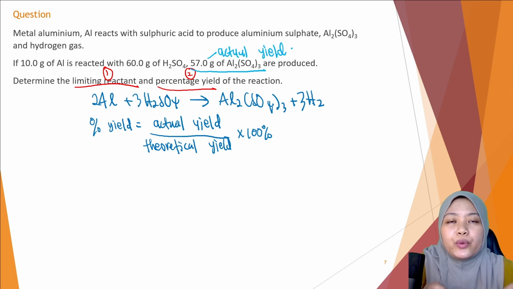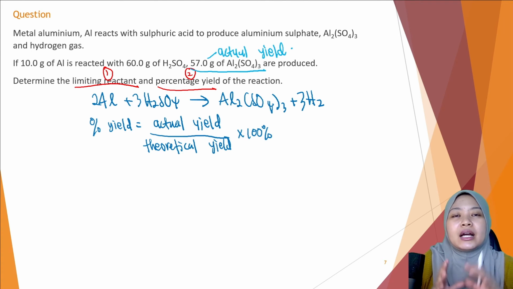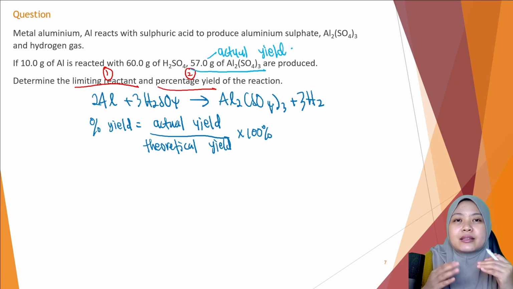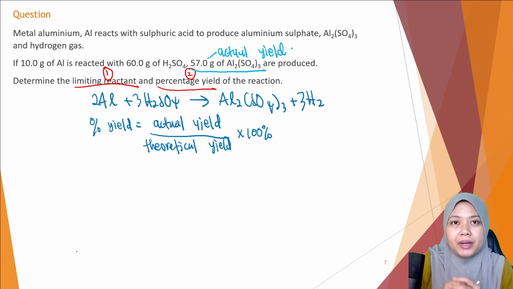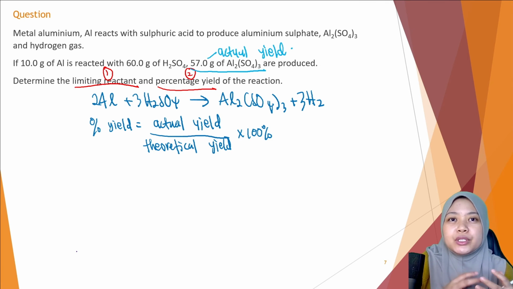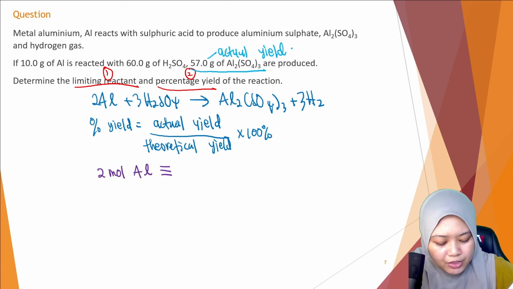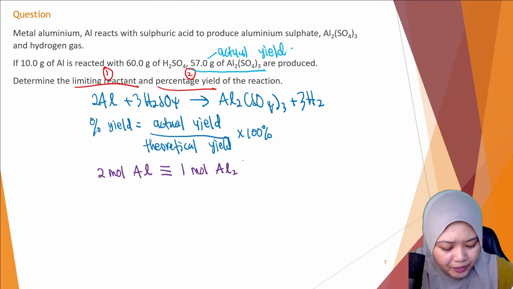So now you have to find theoretical yield. Bila you tengok slide tadi, theoretical yield adalah yield yang you dapat daripada calculation, daripada balanced chemical equation secara stoichiometrically. You compare the limiting reactant with the product yang kita nak cari theoretical yield dia. In this case, limiting reactant tadi dah jumpa, 2 mol aluminium is equivalent to 1 mol aluminium sulfate.